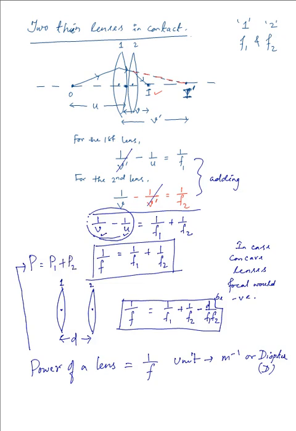Also, in this case, what we have is the power, I'm writing it over here, so P, that is the equivalent power of this combination, that will be equal to P1 plus P2 minus d times P1 times P2. So that is how we determine the power in this case.